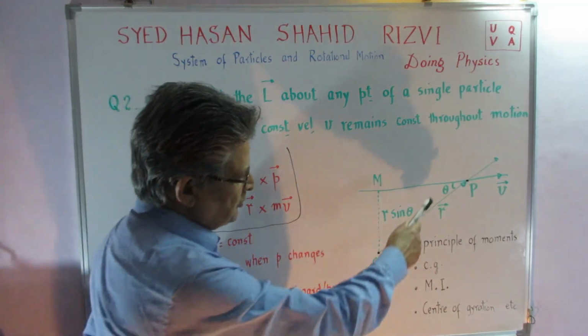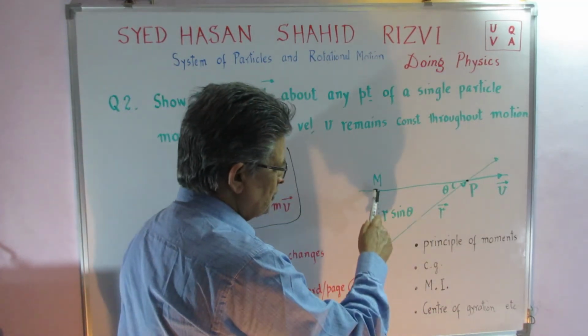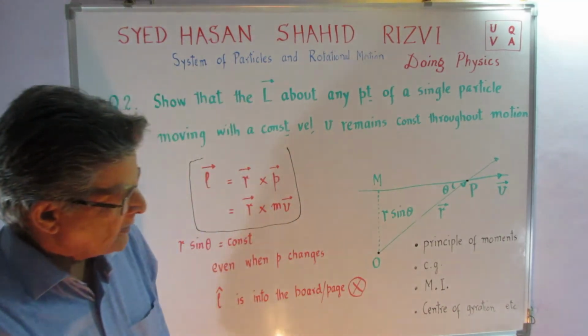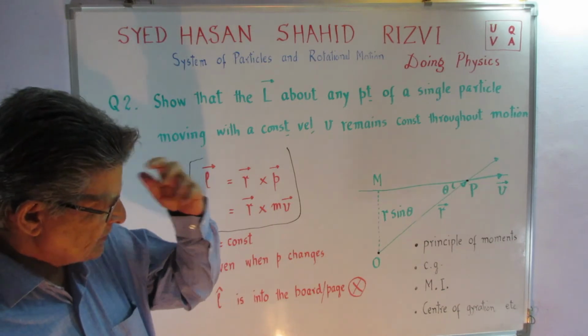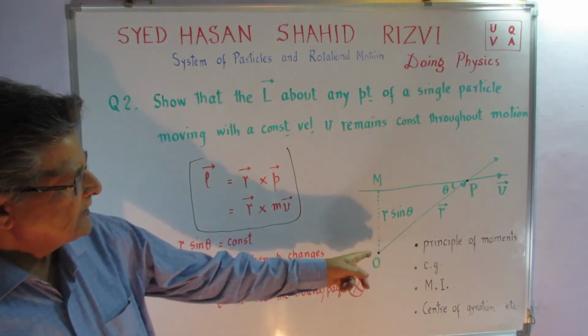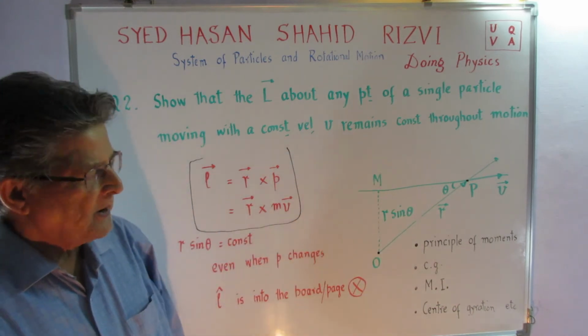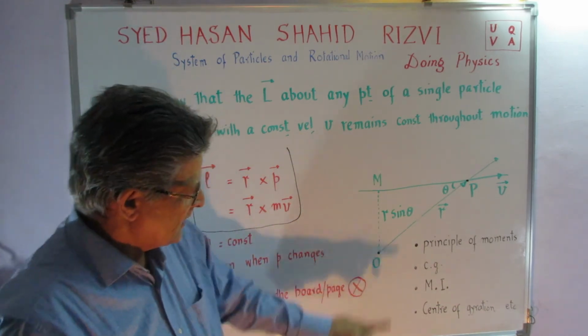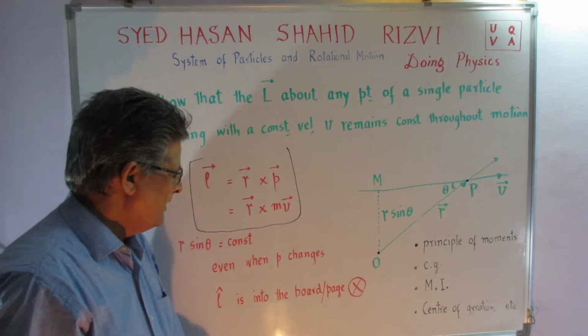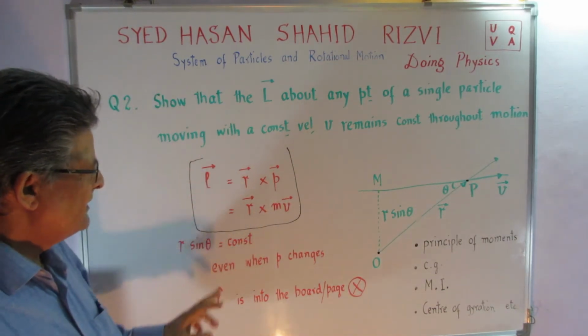The angle between the two of them is theta. If I drop a perpendicular on the axis along which is the line of motion of the particle, then this distance OM remains unchanged. This is the distance that we have, and therefore it is a constant.